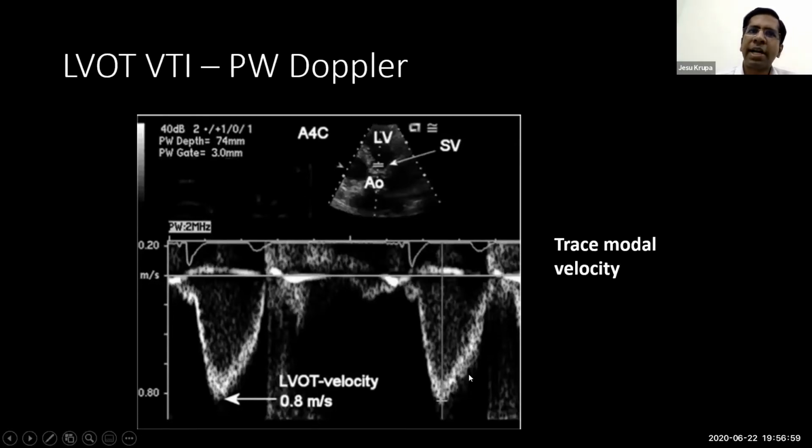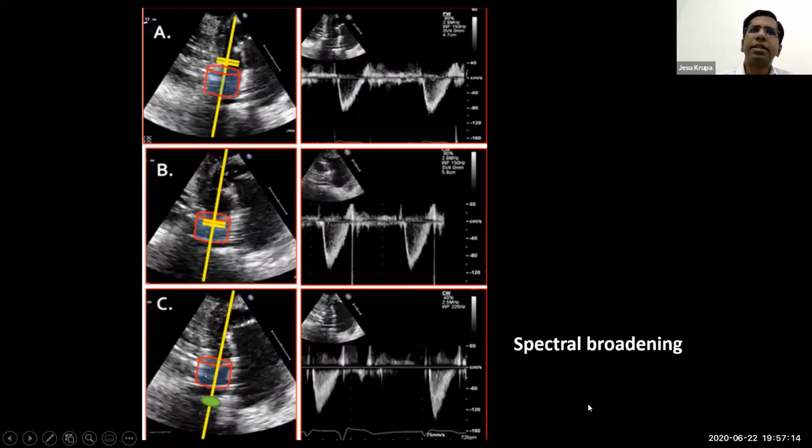If you see a wide range of velocities where the complete thing is filled, then you know that you are already in turbulent flow or in an area of turbulence. So you should avoid that, get a nice crisp flow like this, and that will be good. We talked about spectral broadening, wherein if we come too close to the valve, this whole thing will be filled up with a wide range of velocities.